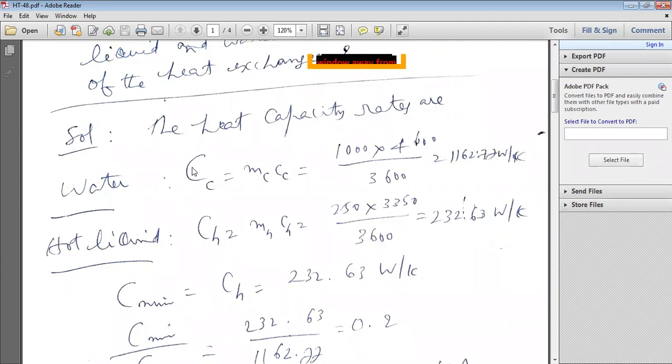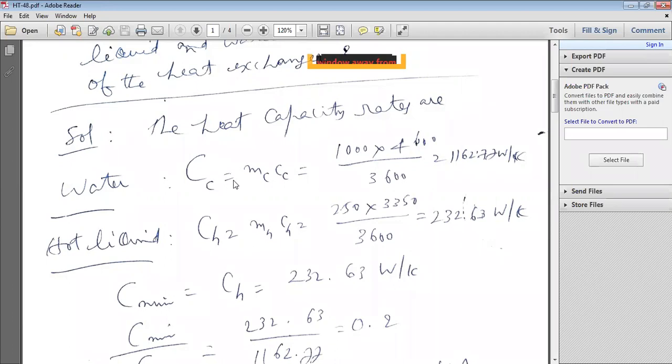And similarly, heat capacity of the cold fluid, that is here in this example, water. Heat capacity of the cold fluid, capital C, heat capacity, small c for cold fluid.